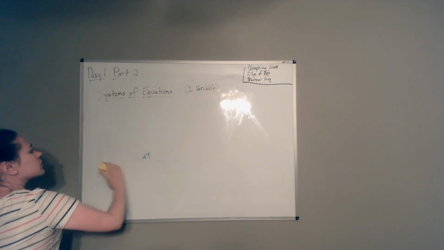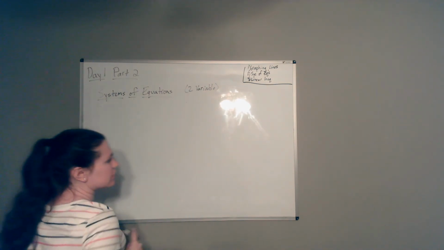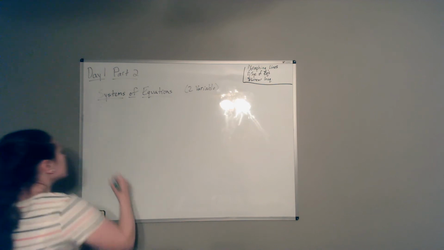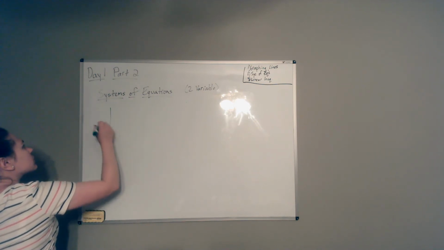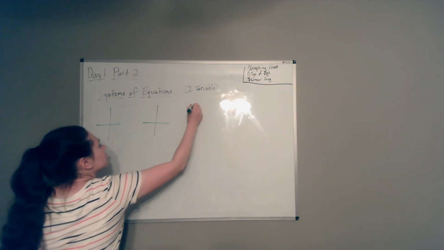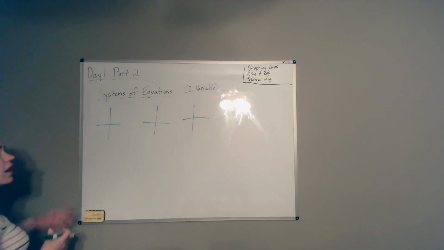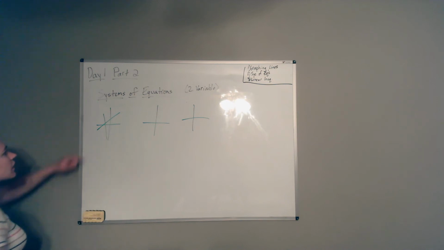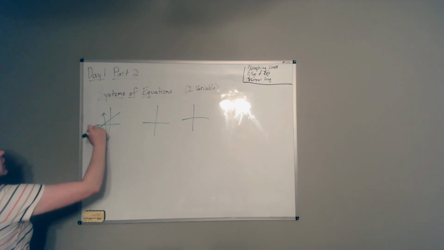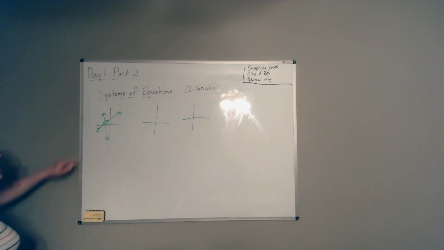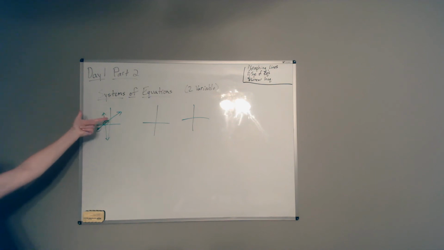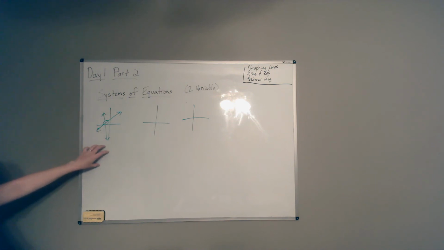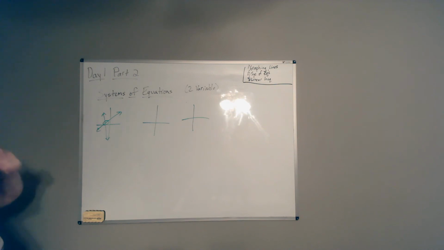So for all of these 3 we just did, we got one unique answer. That's because there are 3 different ways that 2 lines can fall on a coordinate plane. So line 1, line 2, they intersect once, which means when you solve their equations, you're going to get one answer.